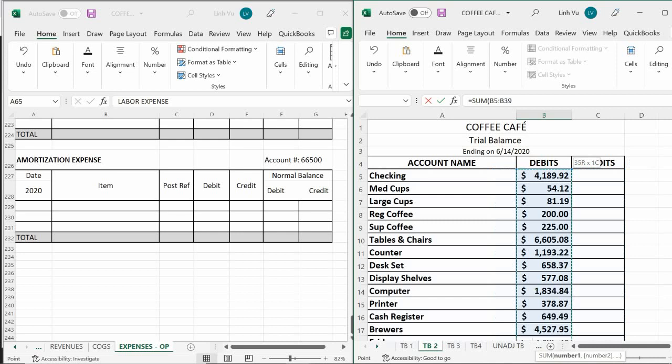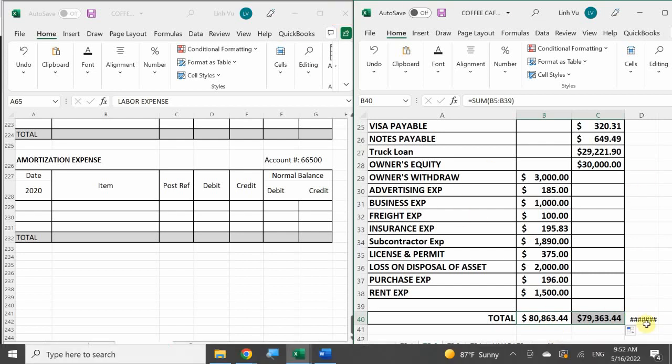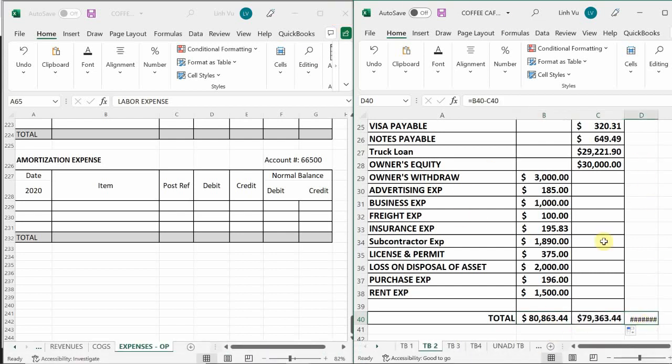Highlight all of those. That gave me a grand total of $80,863.44. And I am short. Okay. So that means I have a discrepancy.